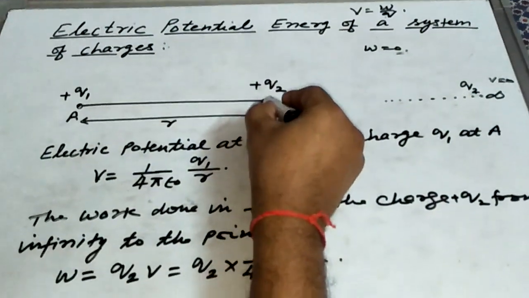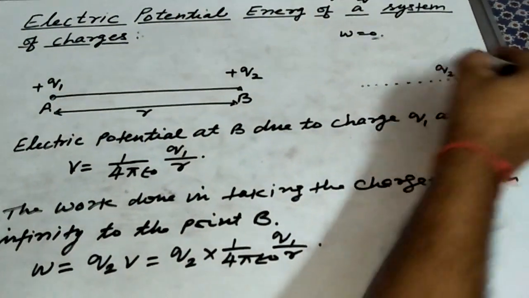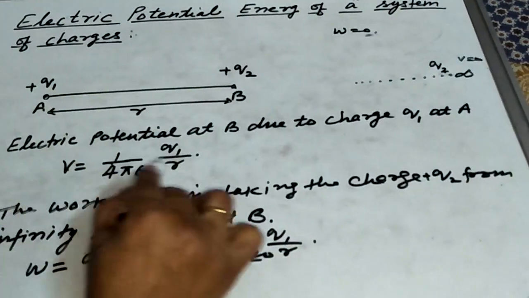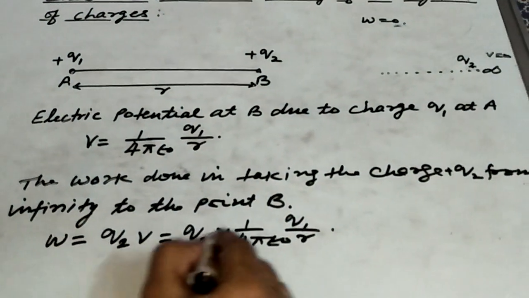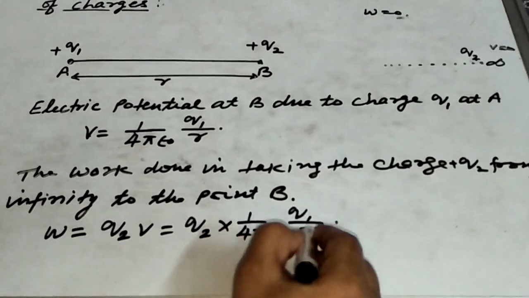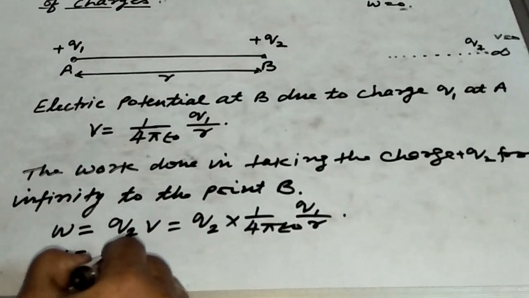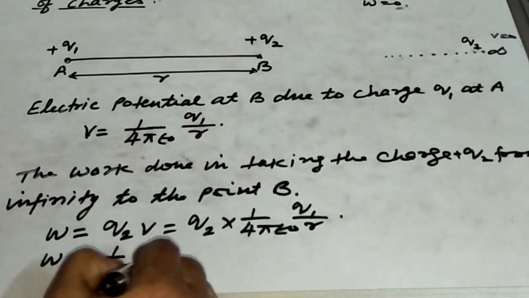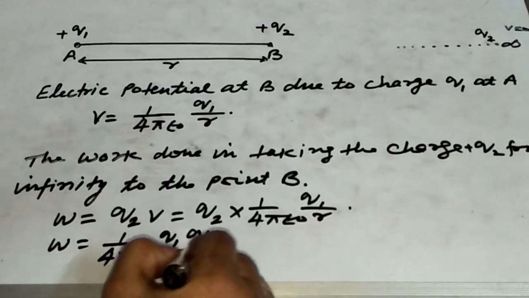So at the final state the potential is V and at the initial state the potential is 0. So the potential difference is equal to V here. So the work done is Q2 into 1 upon 4 pi epsilon naught Q1 by r, or you can say W is equal to 1 upon 4 pi epsilon naught Q1 Q2 upon r.